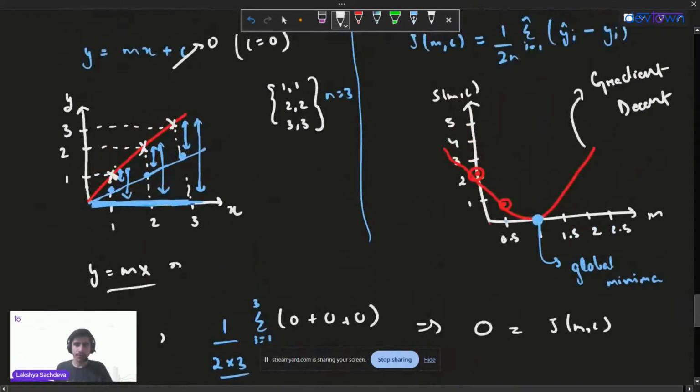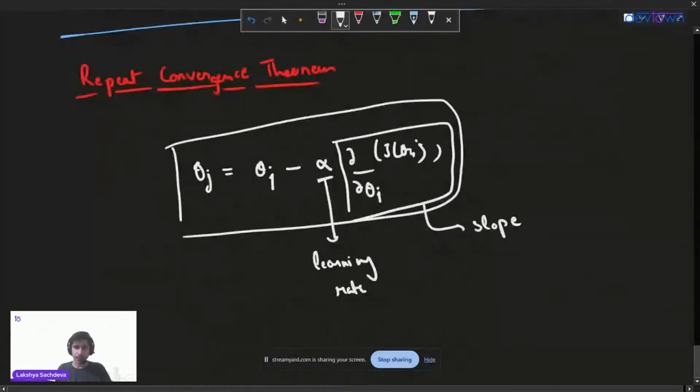Suppose I am considering a point over here. The slope of this point will be positive.